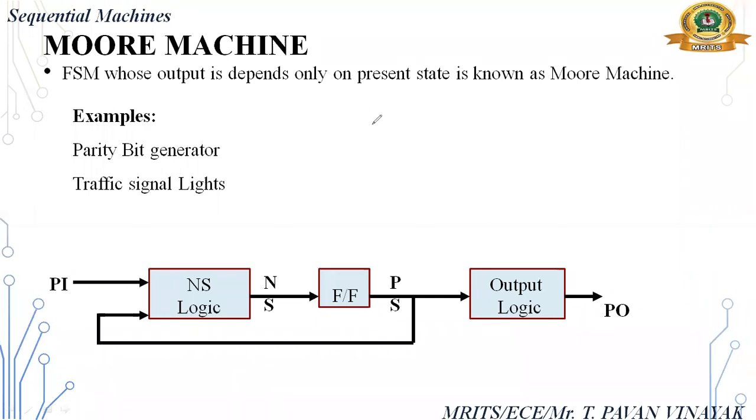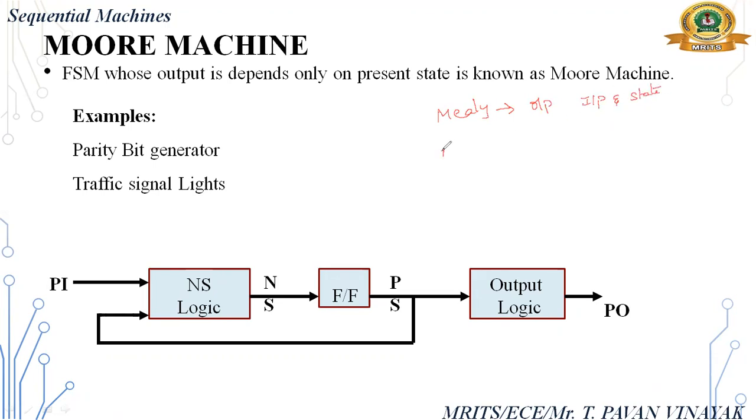So what is the difference between Mealy and Moore? This we will discuss later. While doing one problem, you can understand the difference between Mealy and Moore. But for now, let us understand: Mealy means output depends on input as well as state.